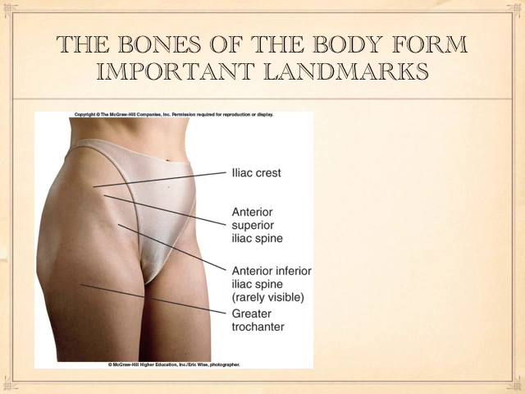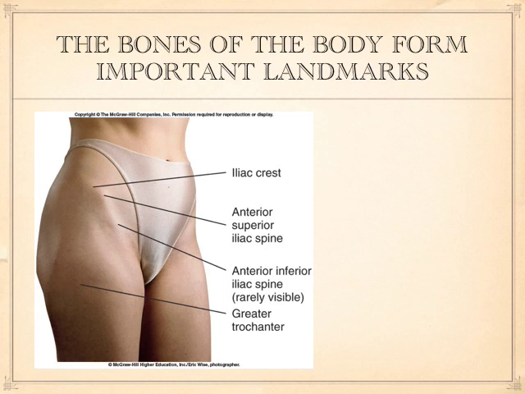If you need to give a gluteal injection, you better be able to palpate a few bony landmarks so you put that injection in the right place and not in somebody's sciatic nerve. That's knowing the names and the locations of some of these bony landmarks.